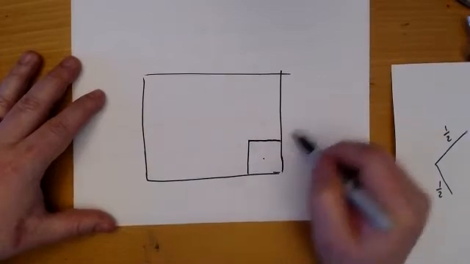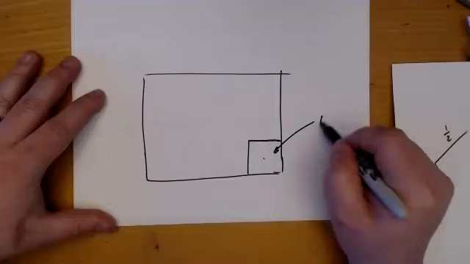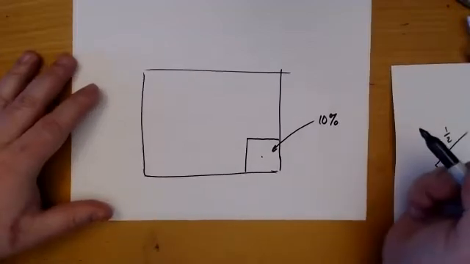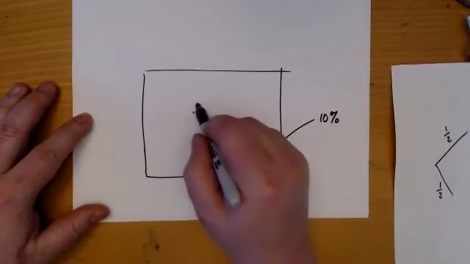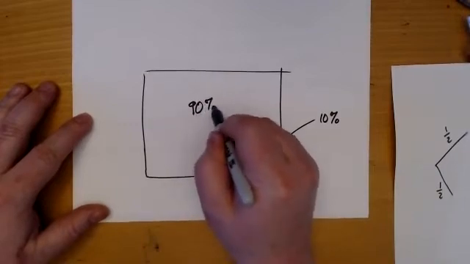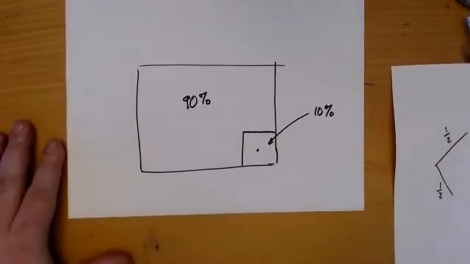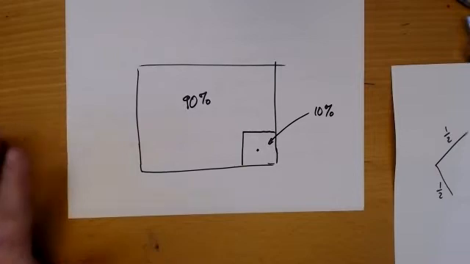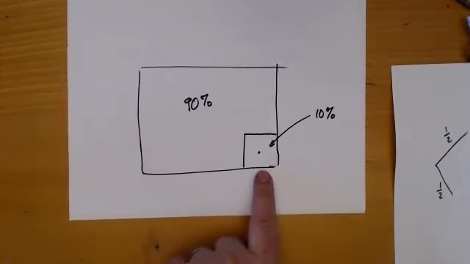What are the odds of it landing here if this is 10% of the area, and this is 90% of the area? One-tenth. Yeah, 10%, because it's 10% of the area, right?